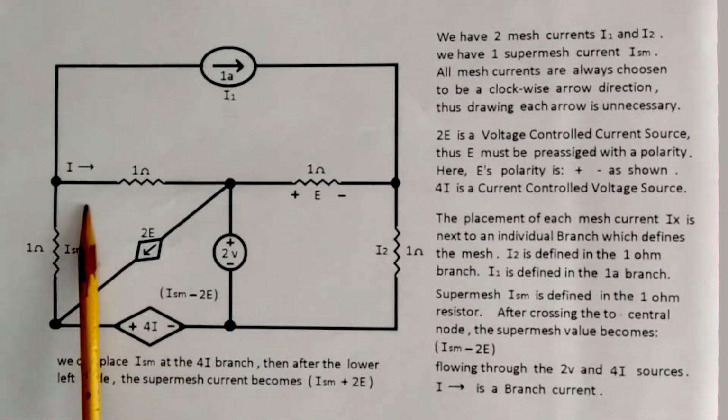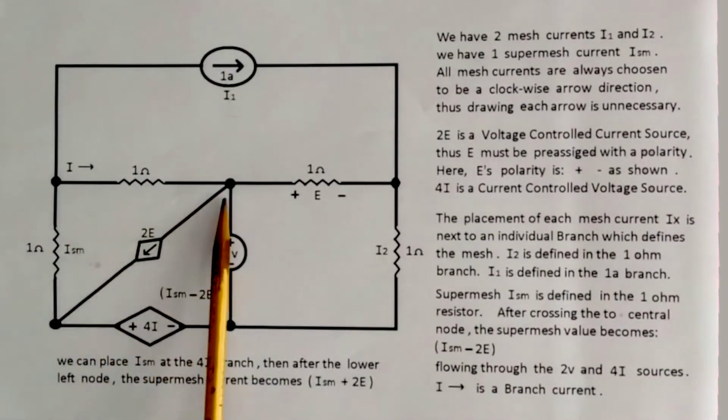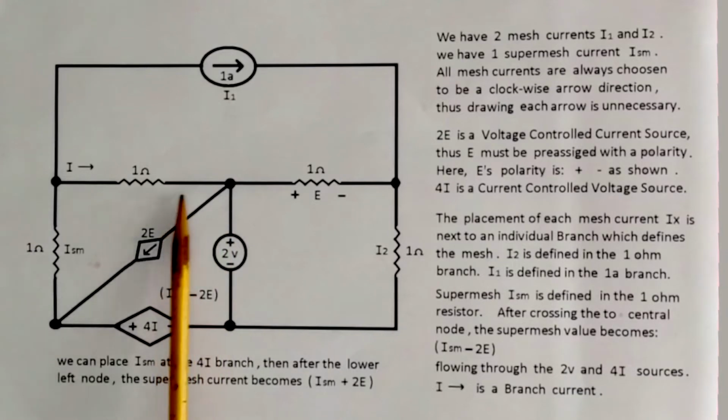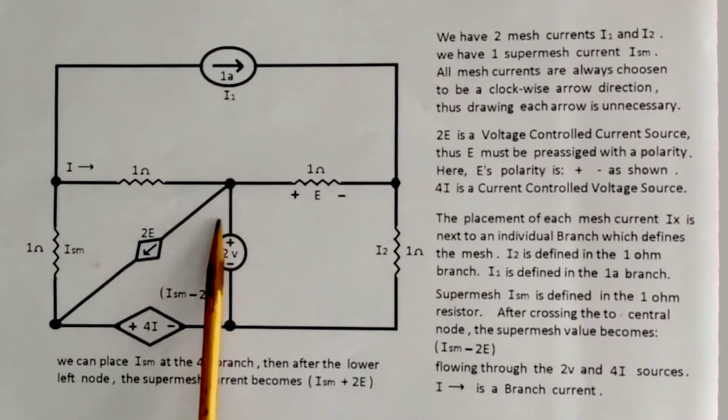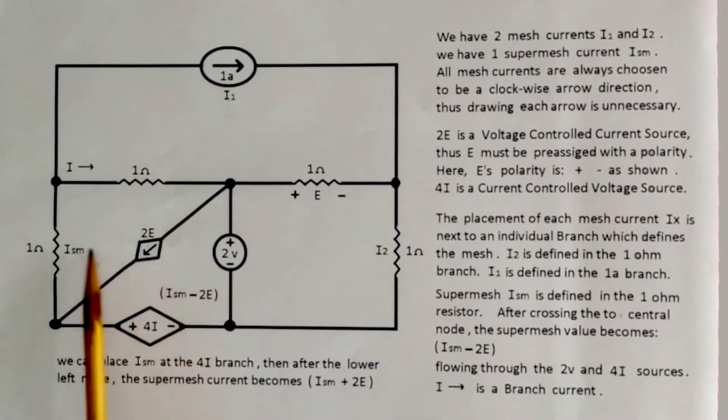But as we traverse our super mesh and we come around at the top of our center node here, we see that 2E is actually a branch current exiting the node. So if we wrote a supplemental equation, we would end up writing I sub m minus 2E anyway.